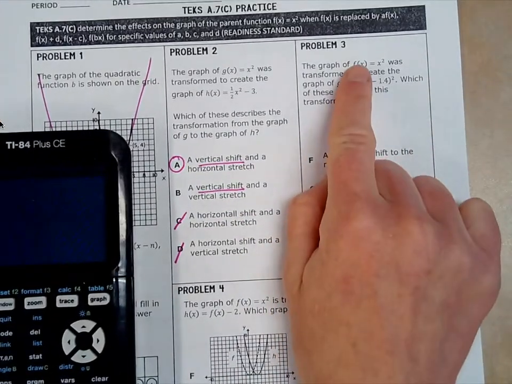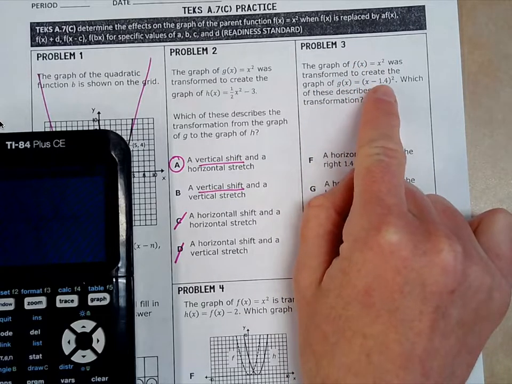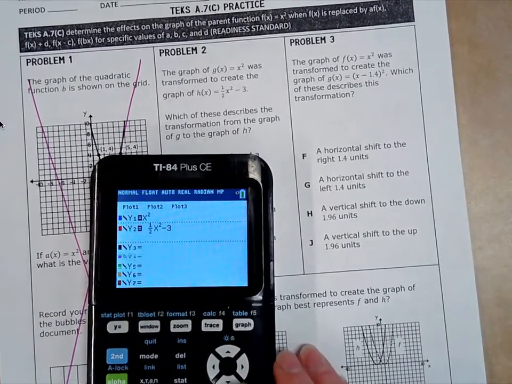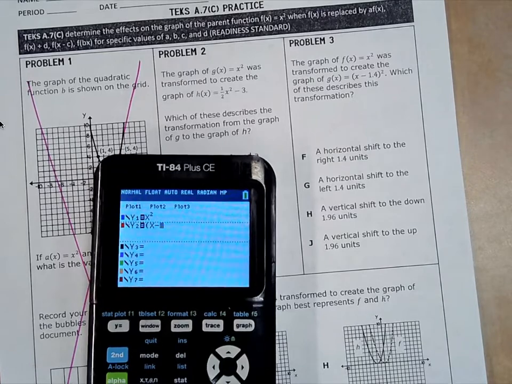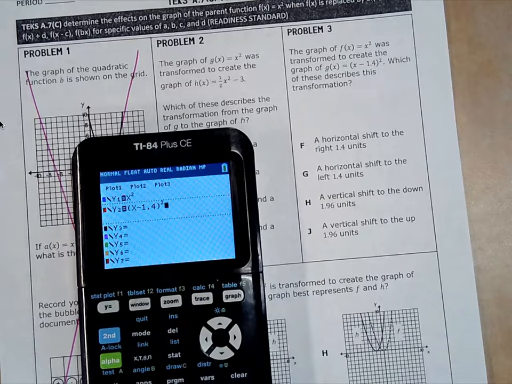The graph of the function f of x equals x squared was transformed to create x minus 1.4 squared. Which of these describes the transformation? Go ahead and do that one. Look at your answer choices.